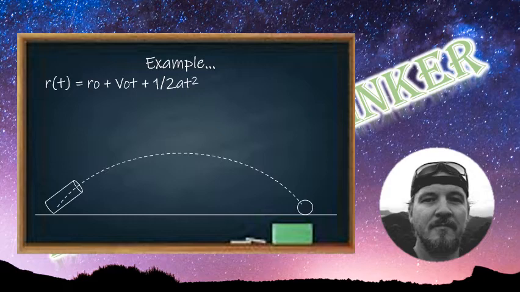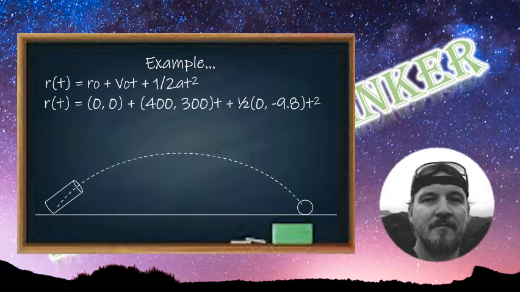Let's replace what we know in two axes, height and distance. 0, 0, plus 400, 300, t plus 0, minus 4.9, t squared equals question.